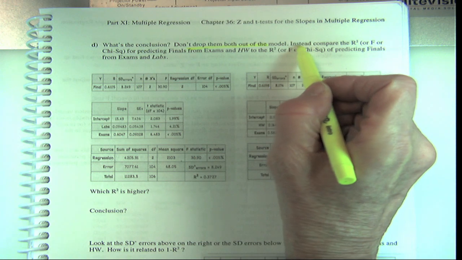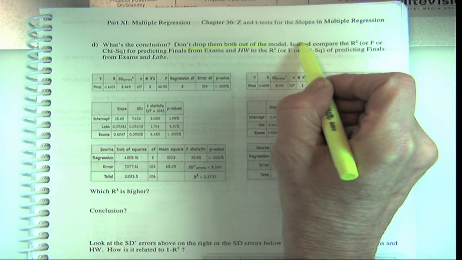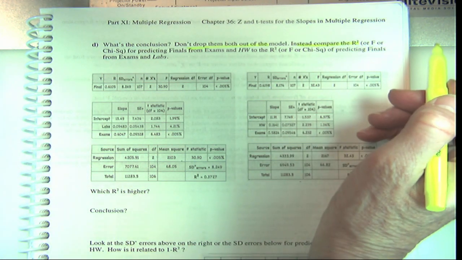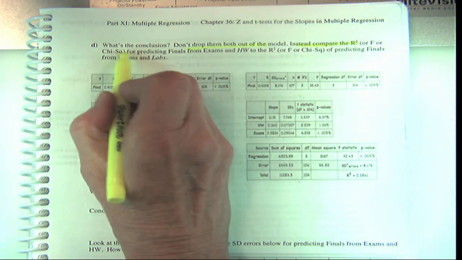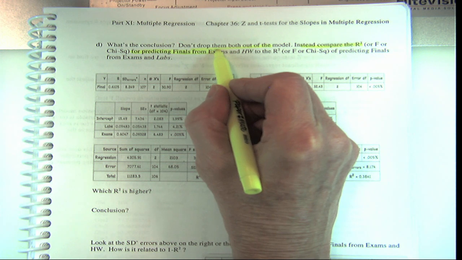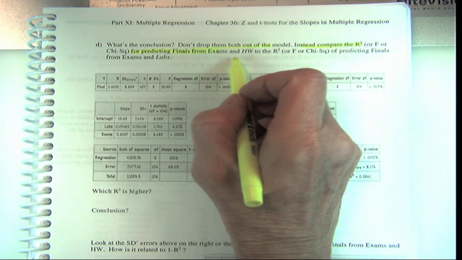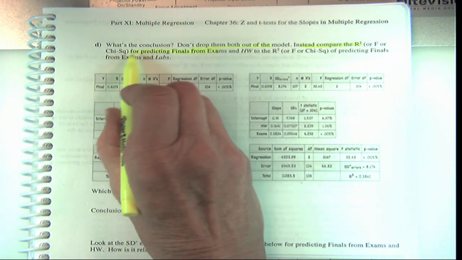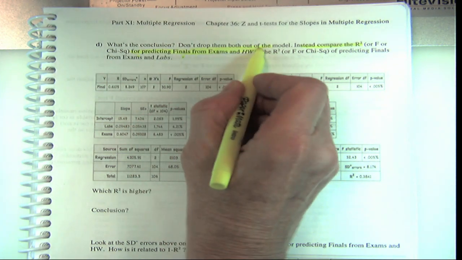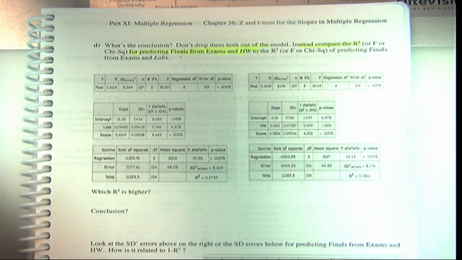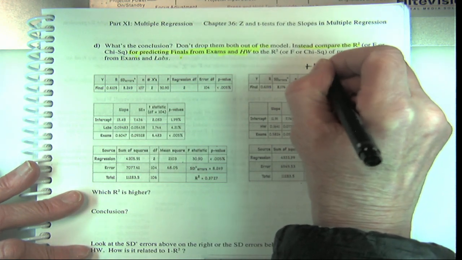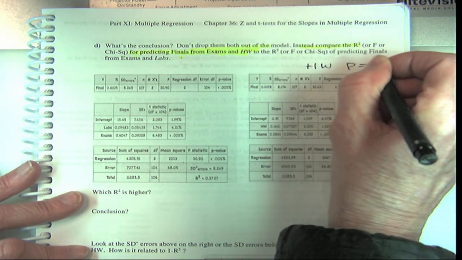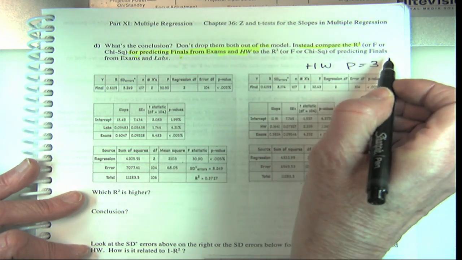Instead, compare the R squared for predicting finals from exams and homework. So that's this one, the homework one. They both have parameters equal to 3. We're going to compare the one that includes homework to the one using exams and labs.